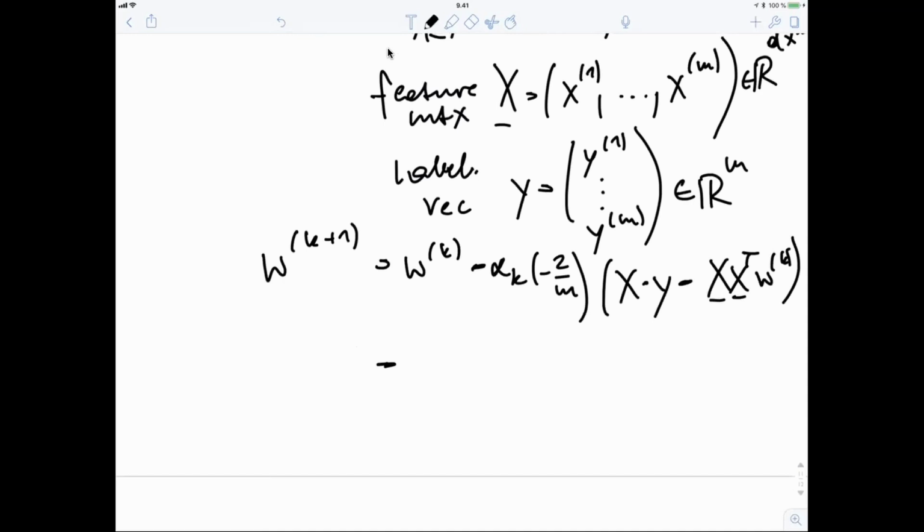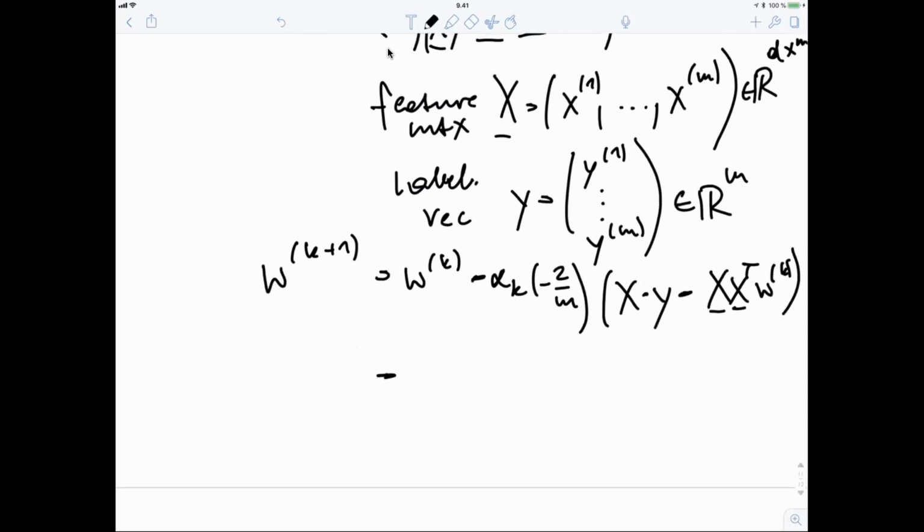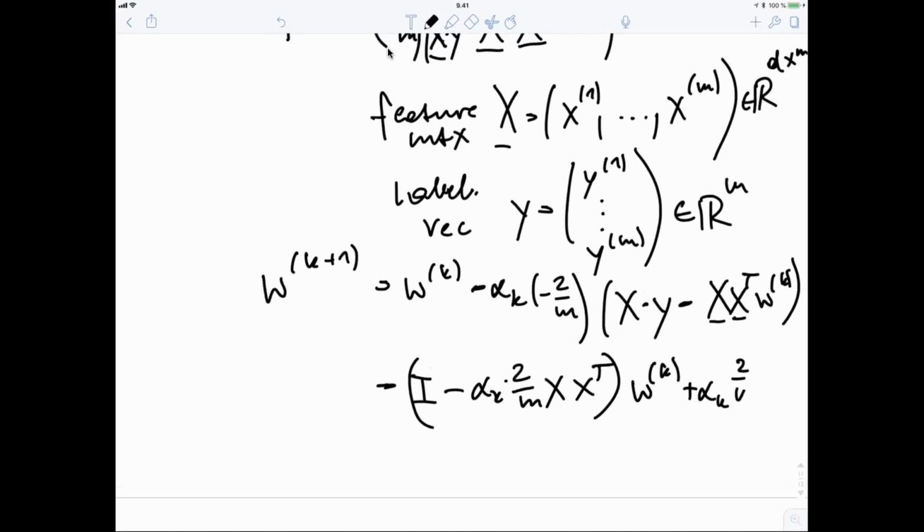Equals further, so we collect terms now: w_k times the identity minus alpha_k 2 over m X X transposed, applied to w_k, and then plus alpha_k 2 over m X times y.